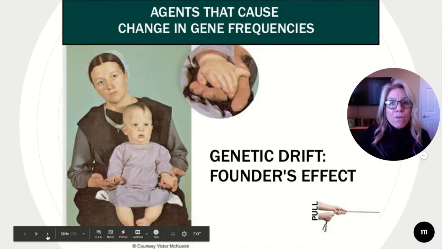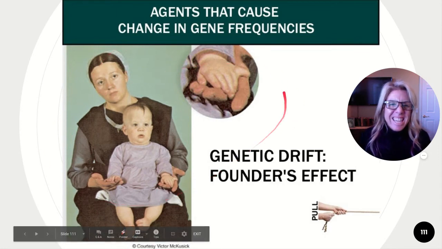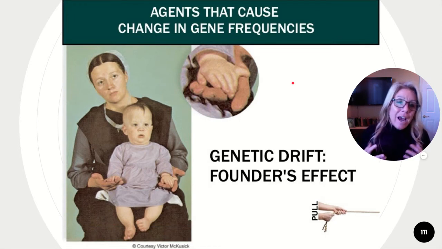Okay, another form of genetic drift is called the founder's effect. Now, the founder's effect is an example of when you see this in the Amish, and I think it's like the Pennsylvania Dutch, but I'm not 100% sure. The Amish came when they were trying to have their religious freedom, they wanted to practice what they wanted to do, so they came here to the United States.